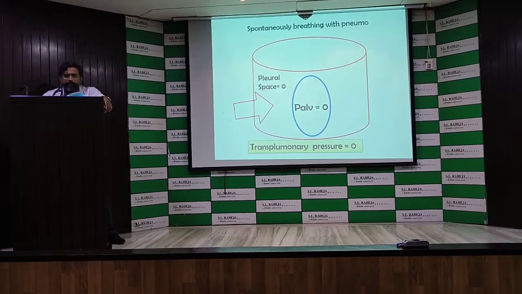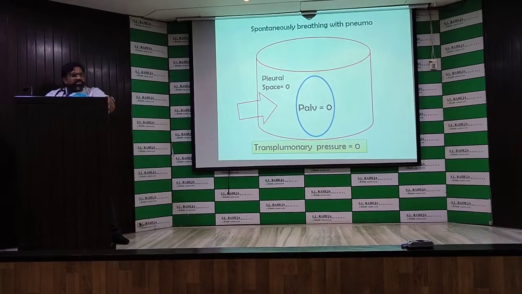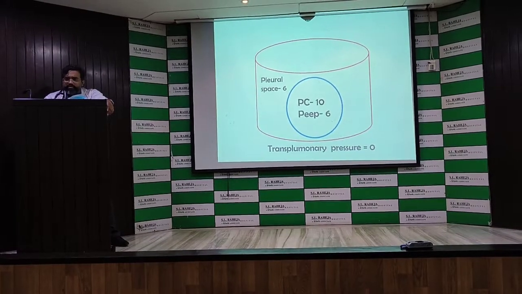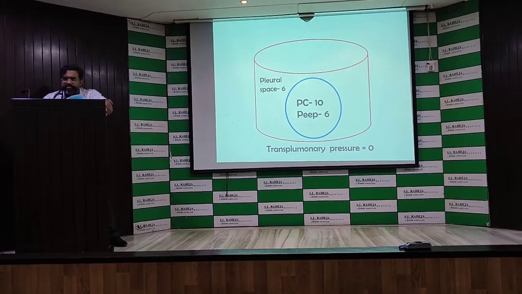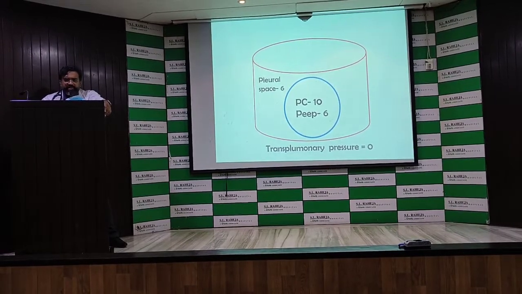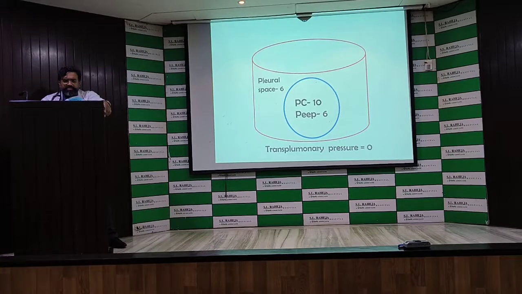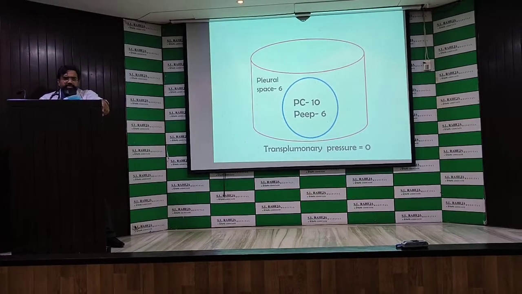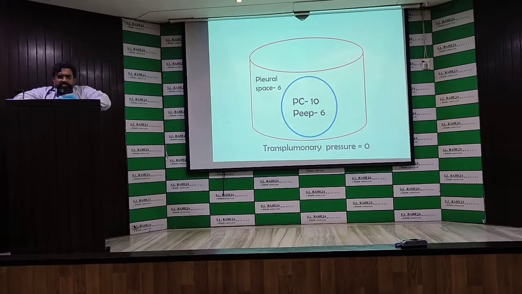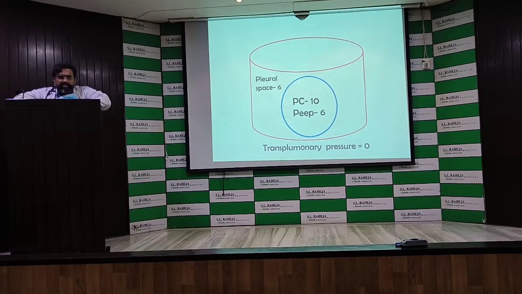Pneumothorax clear? Now let us go to something different. You have a pressure control of 10, a PEEP of 6, and the pleural pressure is 6. Okay? What will happen here? What is the transpulmonary pressure here? It's the pressure at expiration, right?